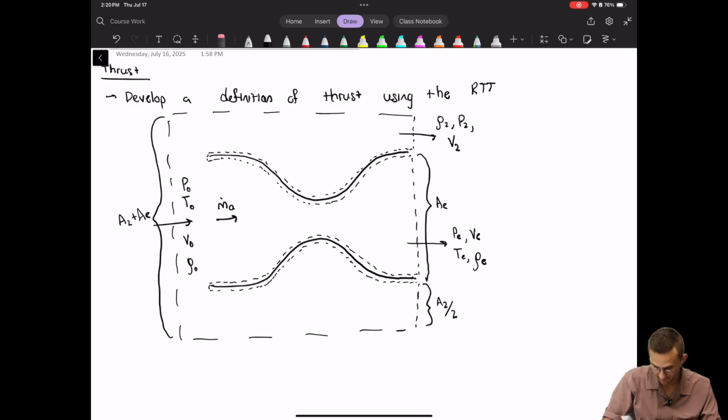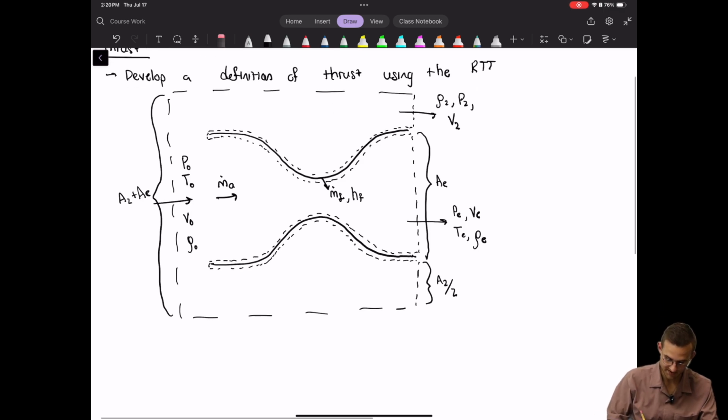And then we also have crossing the control volume boundary inside the propulsion system a small mass flow rate of fuel and some amount of enthalpy due to, say, combustion in that type of propulsion system. We're going to label this area along the control volume A1.